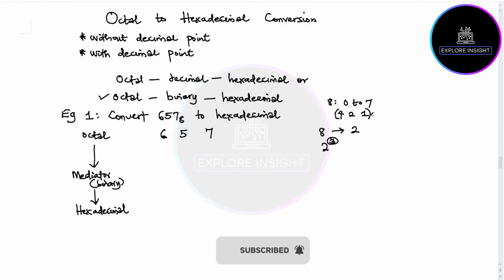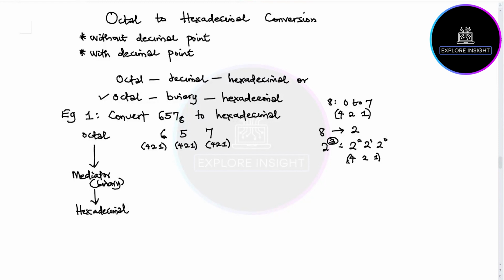What do I mean? It means I'm going to use 4, 2, 1. So now we have 2 raised to power 3, and the highest value we can take is 2 raised to power 2, 2 raised to power 1, and 2 raised to power 0, which leaves us with 4, 2, 1. So it is this 4, 2, 1 I'm using here.